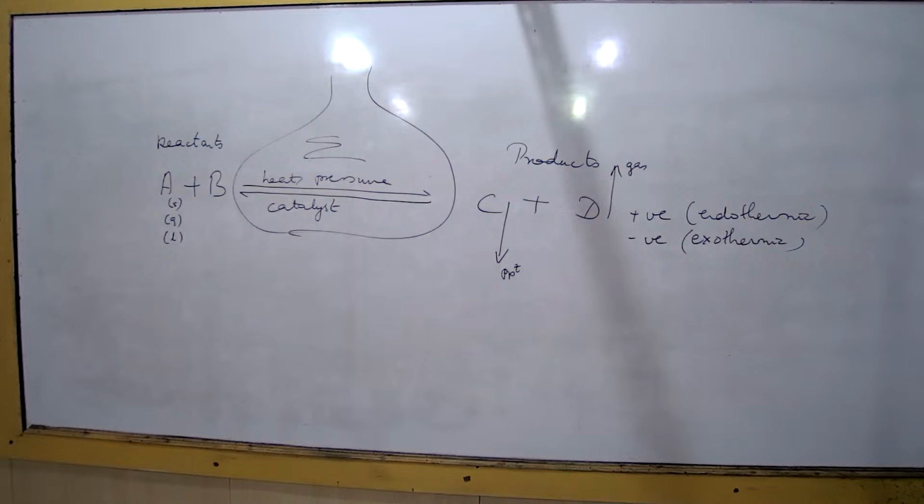First of all, what is a catalyst? A catalyst is a chemical whose presence influences the rate of the reaction. Mark my words, children. Whose presence influences the rate of the reaction.